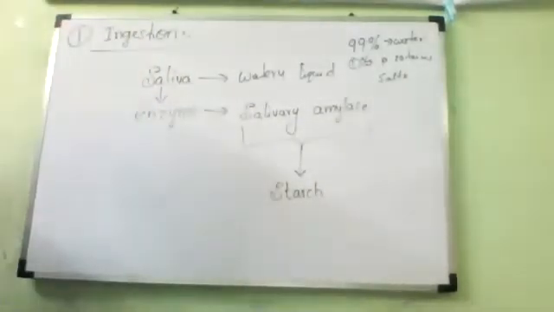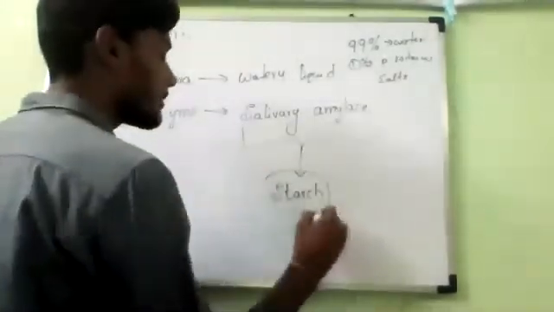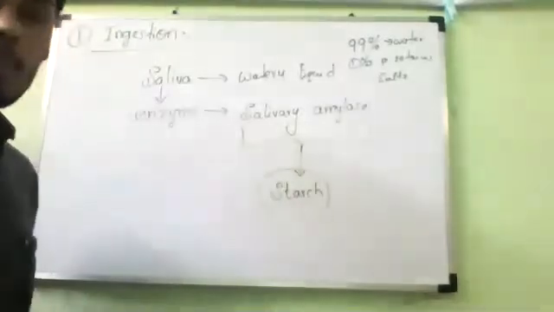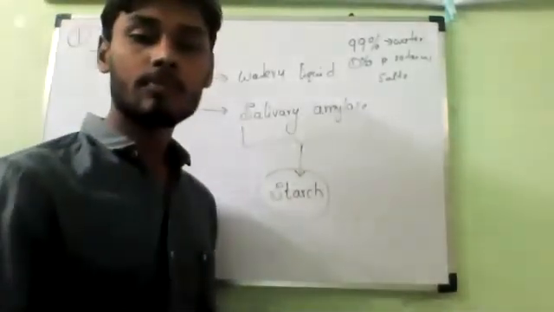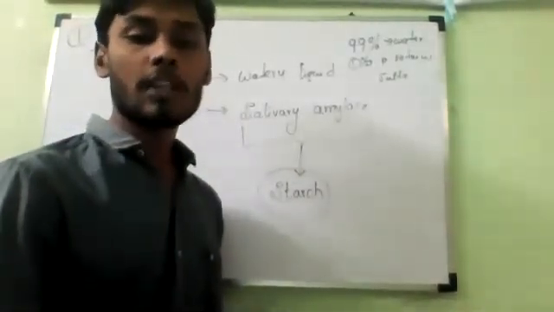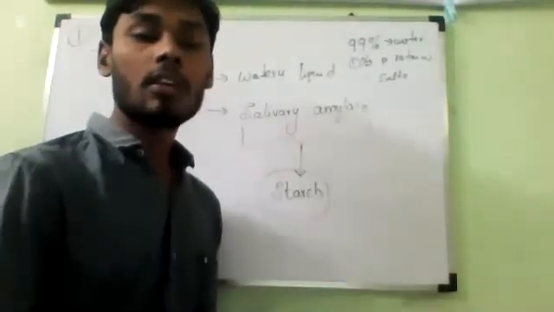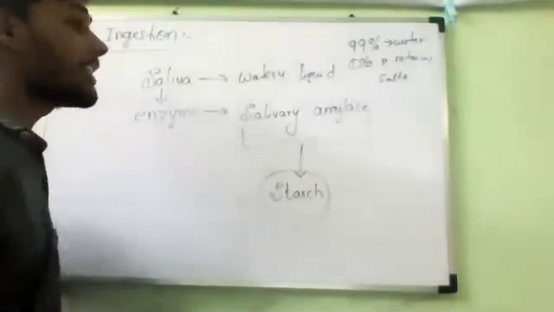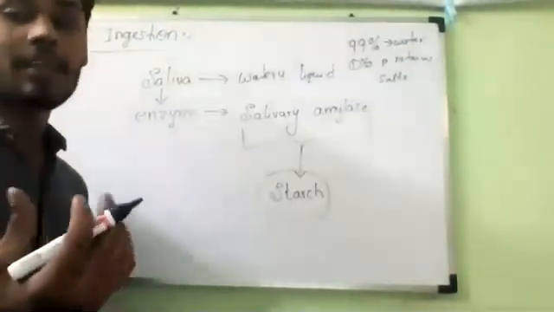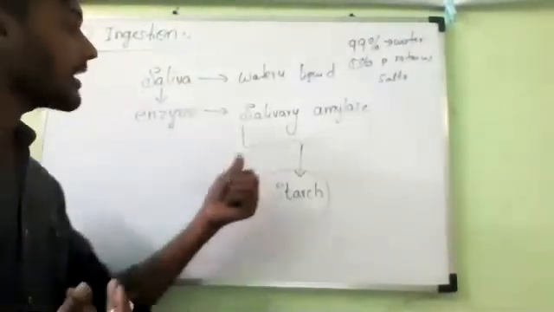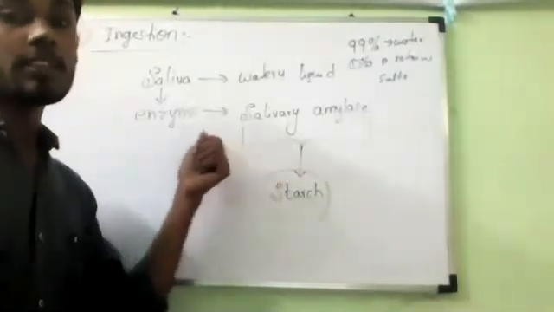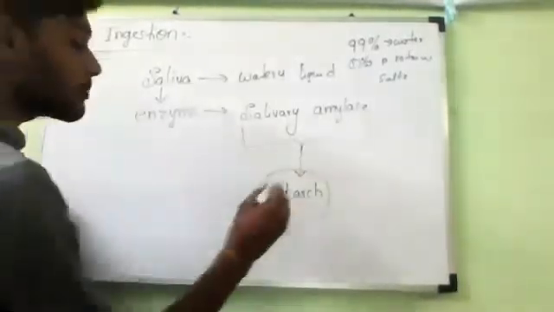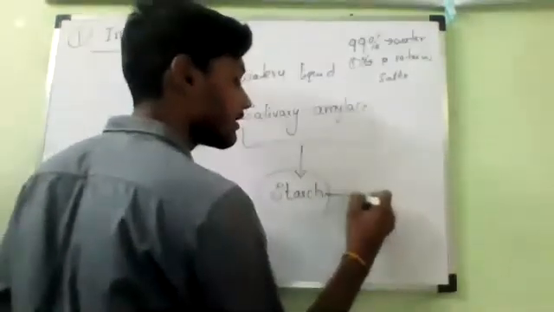Starch is a complex food or simple food? Complex food. So to make it easy to digest, our salivary gland releases an enzyme called salivary amylase, which digests the starch present in food into what?